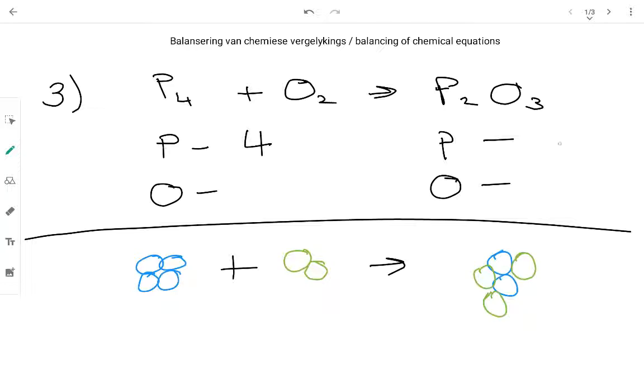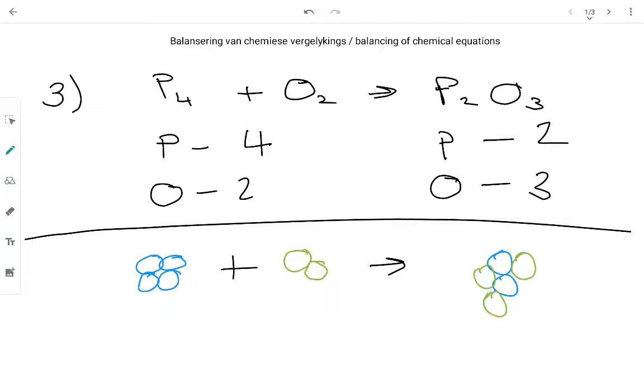And on my right-hand side, I have 2 phosphorus atoms. Where do I look to know how many atoms there are? I look at the bottom. There's 2 atoms of phosphorus on my right and 4 atoms of phosphorus on my left. Now I need to do the exact same for oxygen. Oxygen, I have 2 on my left and I have 3 on my right.